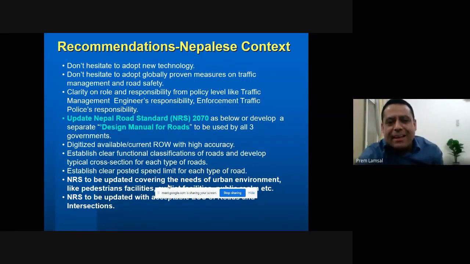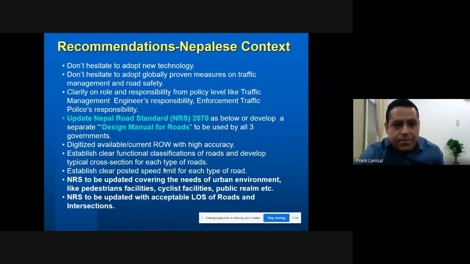That will maintain uniformity, and it will be easy for the engineers. It is very important to have this, because normally all countries do have it. Similarly, I would like to recommend a clear posted speed limit for all kinds of roads.